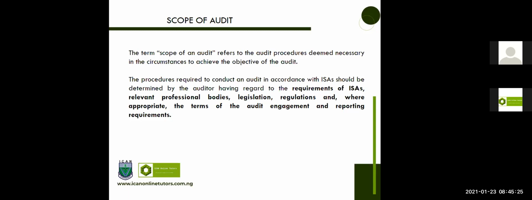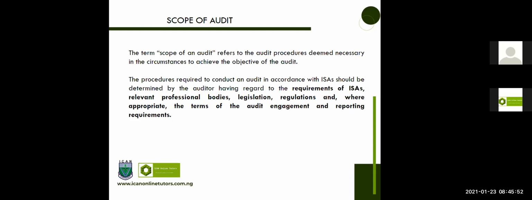So the procedures required to conduct an audit in accordance with international standards on auditing, that's ISA, should be determined by the auditor, having regard to the requirements of the ISAs. Every ISA has objectives that have to be achieved, and also procedures. So an auditor has to put that into consideration when he's auditing the financial statements.